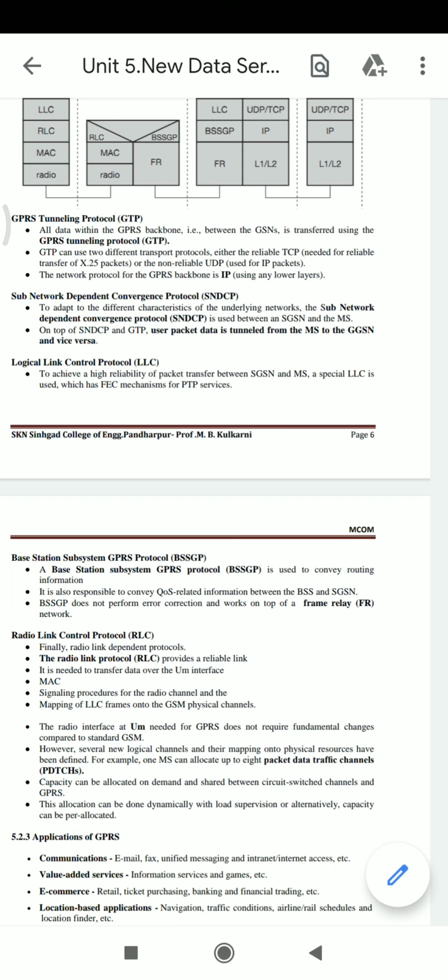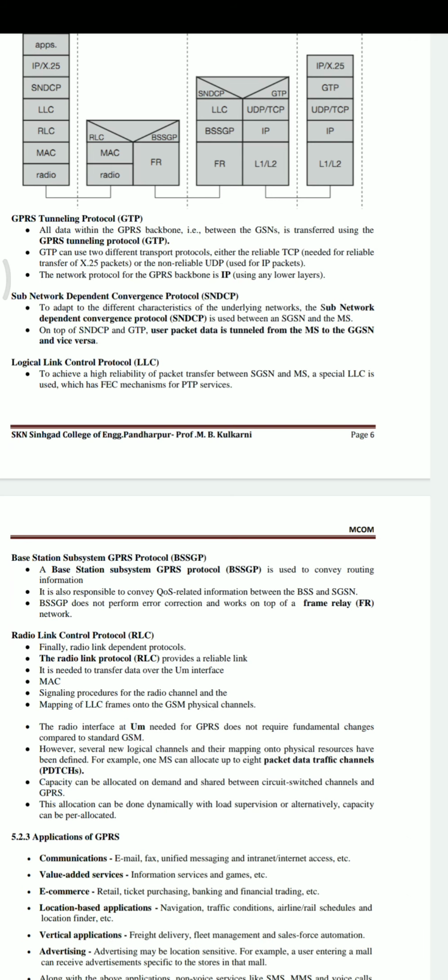In addition to this, another responsibility of this RLC protocol is signaling procedures for the radio channel and the mapping of LLC frames onto the GSM physical channel. In simple words, whatever signaling procedure is required for transmission over the air interface, or you can say in the air medium, that signaling procedure is handled by this radio link control protocol.